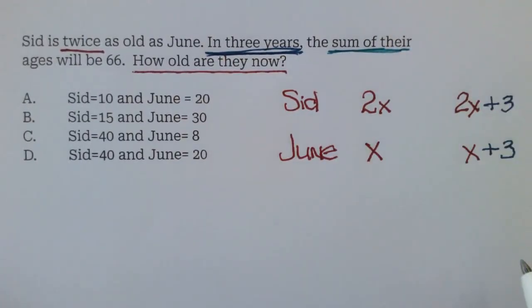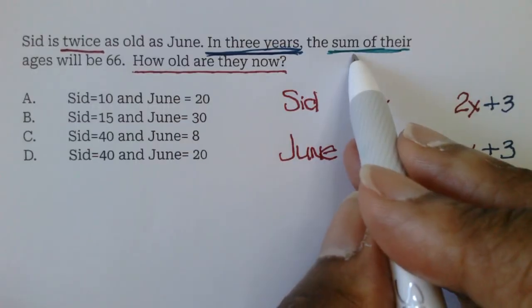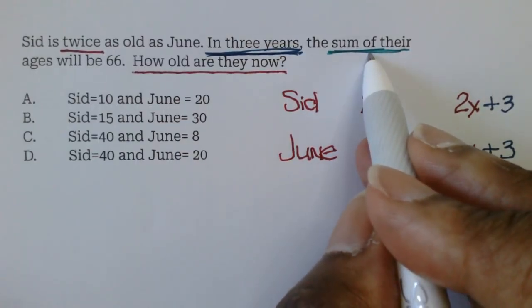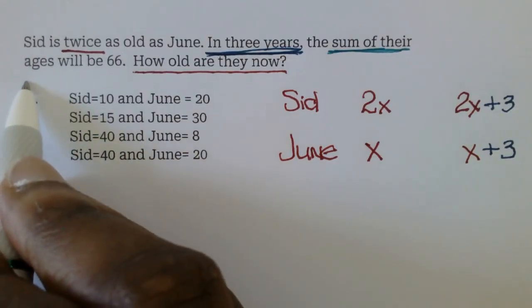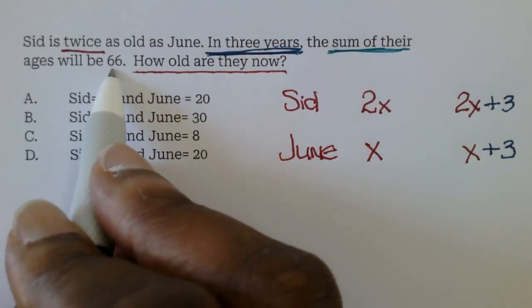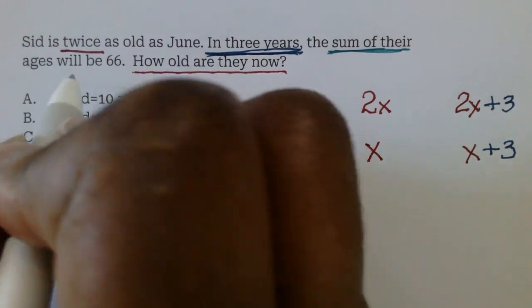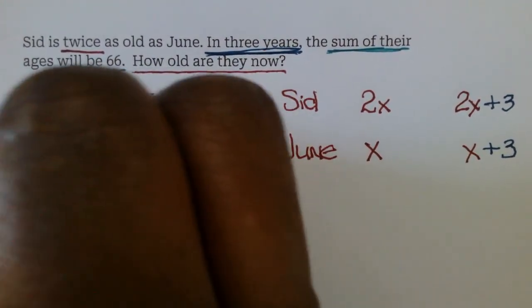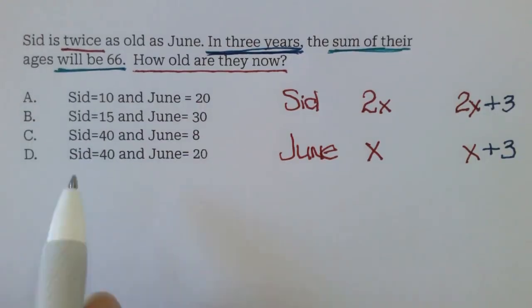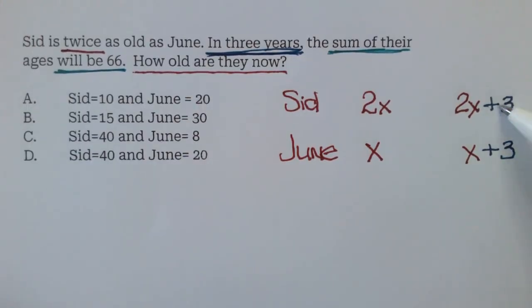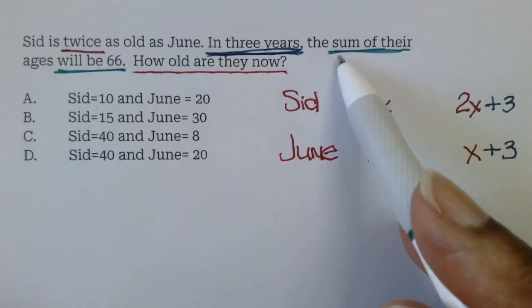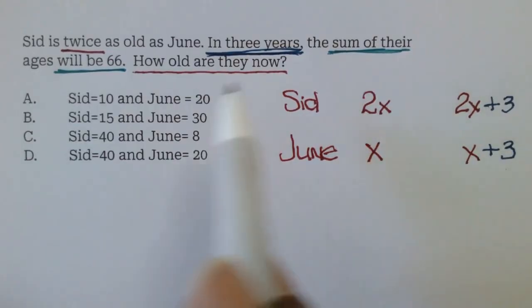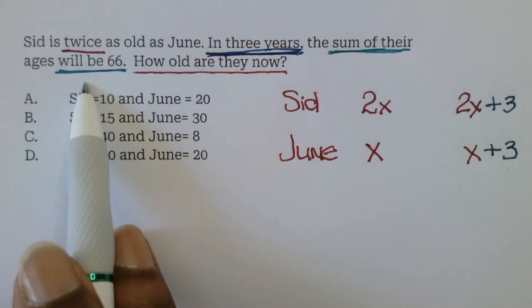Sum of, that means addition. But what am I adding? I'm adding their ages, and will be 66. That's another operation. So they're saying that these two ages, if I add them, it should equal 66.